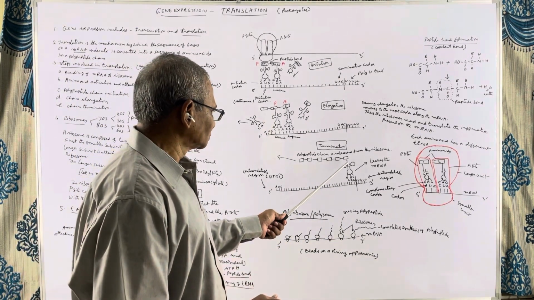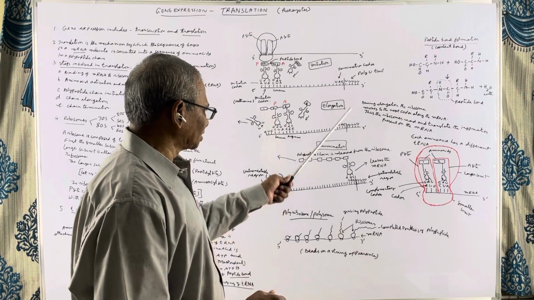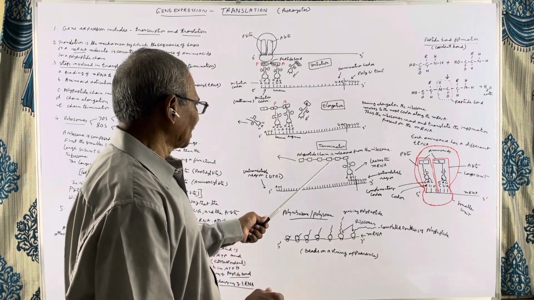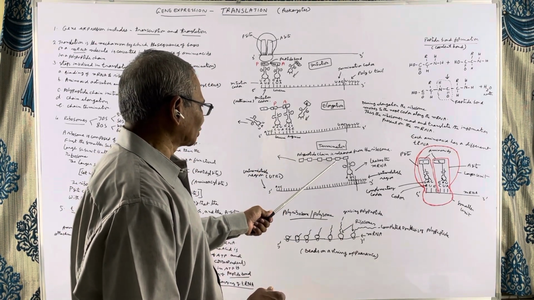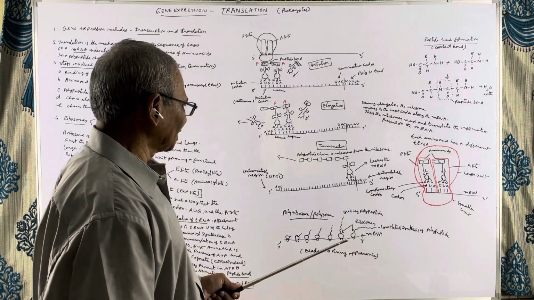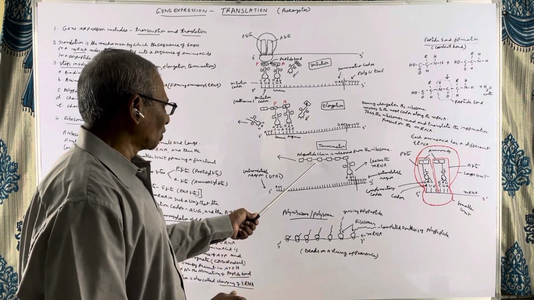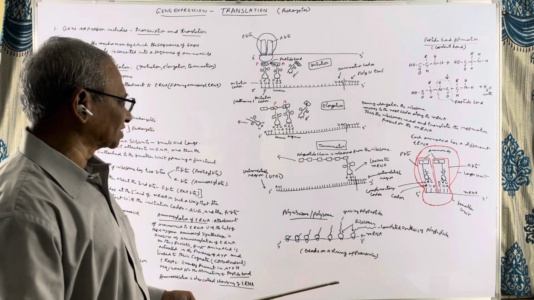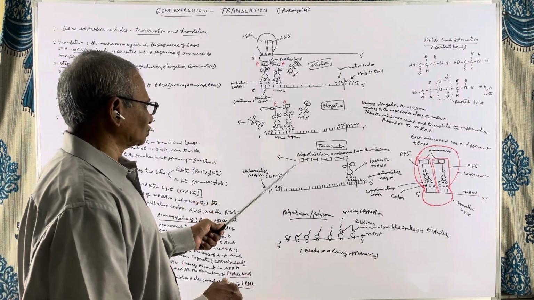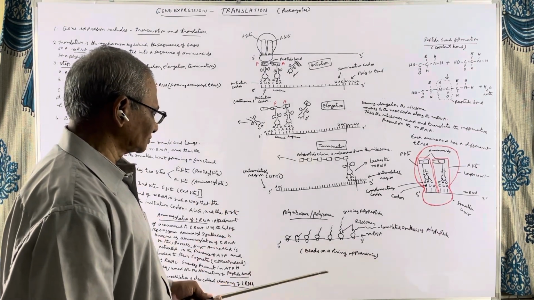Now, the ribosome leaves the mRNA strand and the polypeptide is also detached from tRNA. In this way, a polypeptide chain or protein molecule is synthesized from mRNA. This is known as termination.